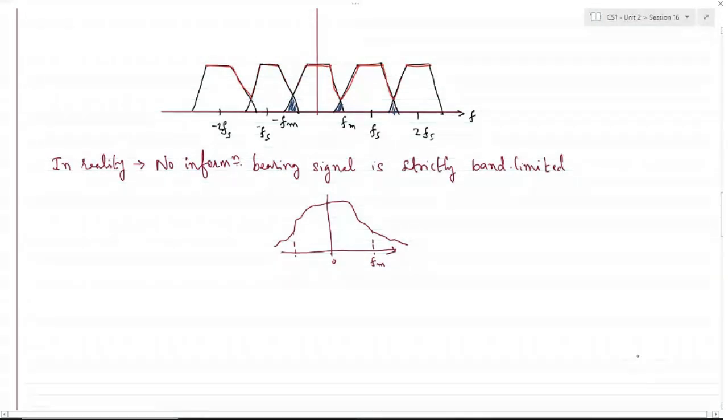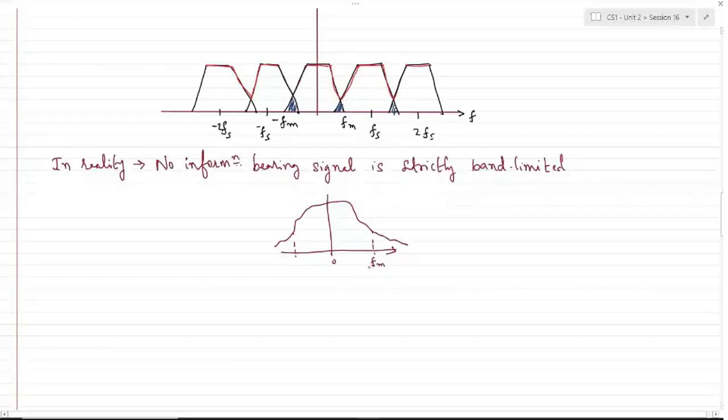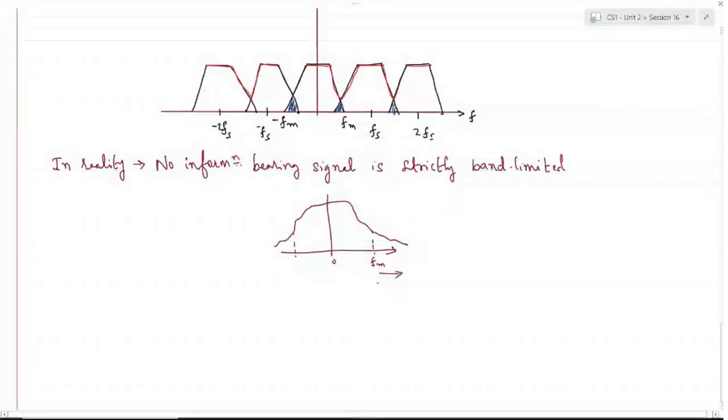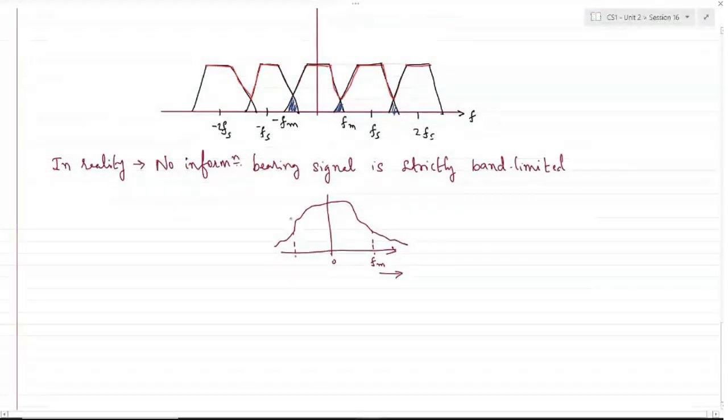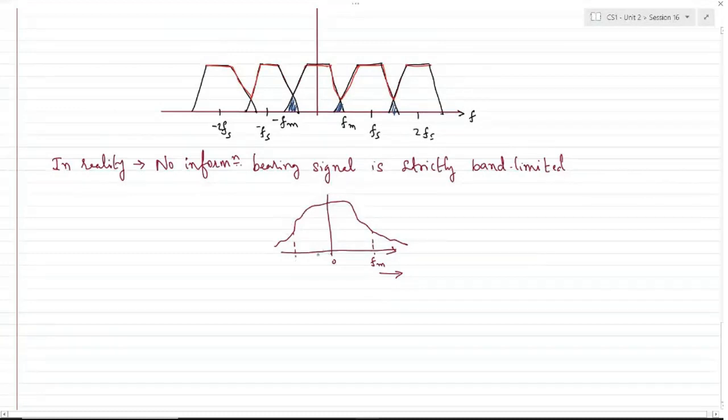The anti-aliasing filter's job is simply to truncate the information bearing signal to fm. It first band limits the original information signal. We assume that any component of the information bearing signal greater than fm has the least amount of information in it. The first job is to truncate this signal to make it band limited between 0 and fm. Then you apply sampling.